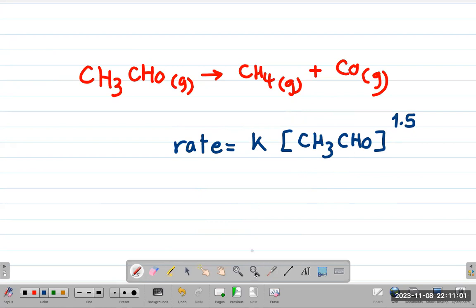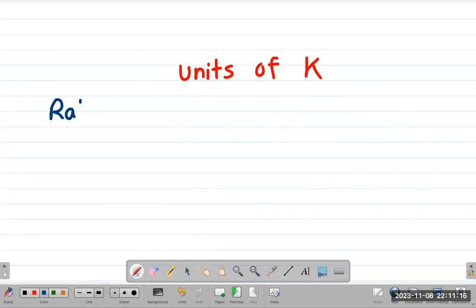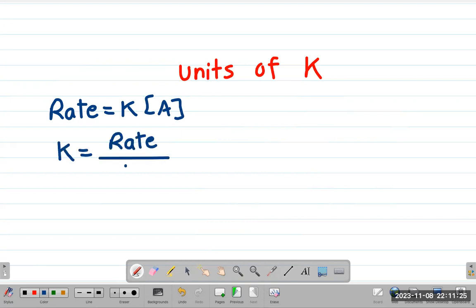Another important point that we discussed is the units of k. The unit of k varies a lot according to the form of the rate equation. Because where do you find the k from? If the rate of the reaction is equal to k multiplied by one reactant, A, then k is equal to the units of the rate divided by the units of A. What are the units of the rate?